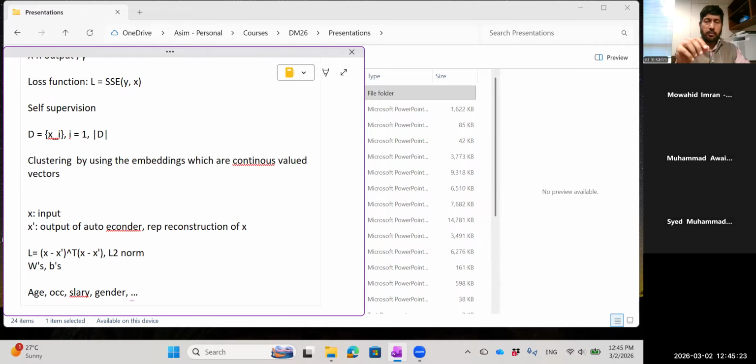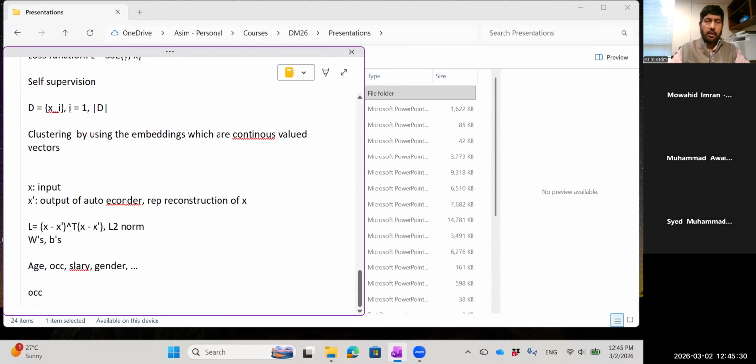So you will have to transform them into a form that can be used by neural networks. Okay. So for example, occupation is categorical, discrete. Okay. So you will have to convert this into a one hot encoding. So let's say आपके पास three occupations हैं.